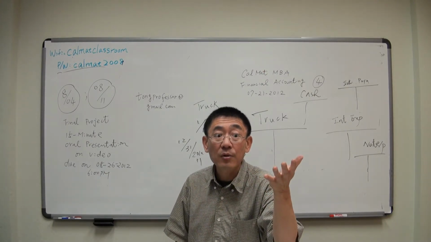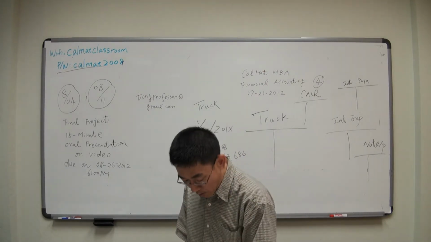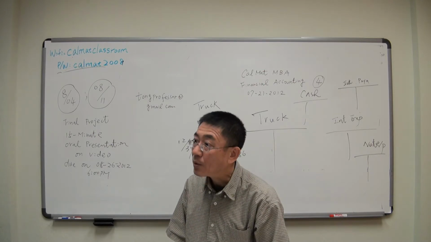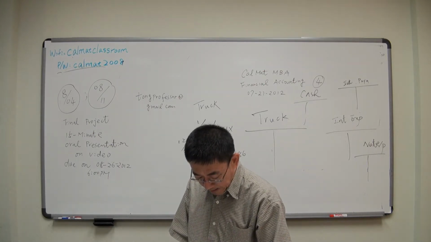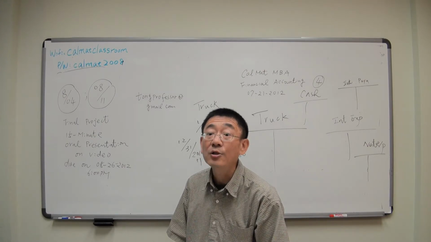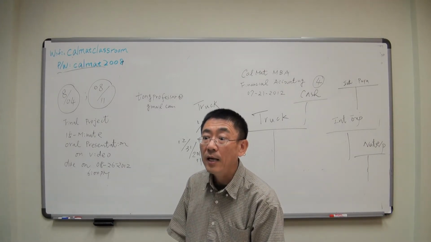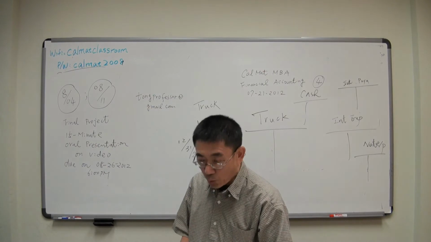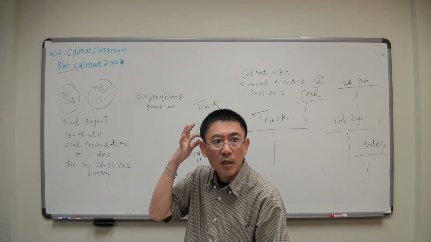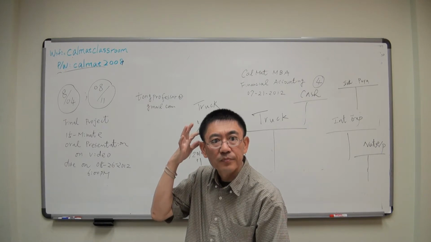That's called present value. 2.44. Okay. So if you multiply 163,686 times 2.4437, you get 400,000 even. All right. So we all understand the value of the truck is 400.